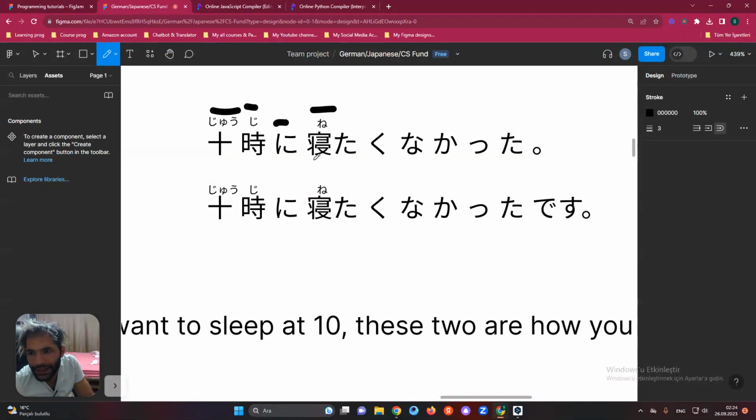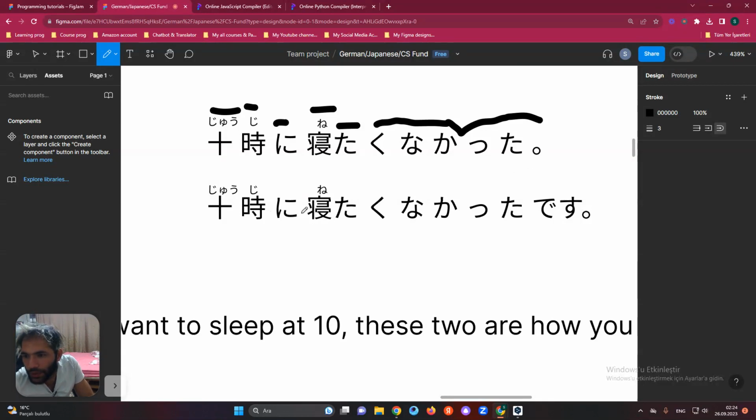And juji ni ne, ta is in this case want. Kunakatta. You don't want to. So I don't want to sleep at 10 means, I don't want to sleep at 10 o'clock.